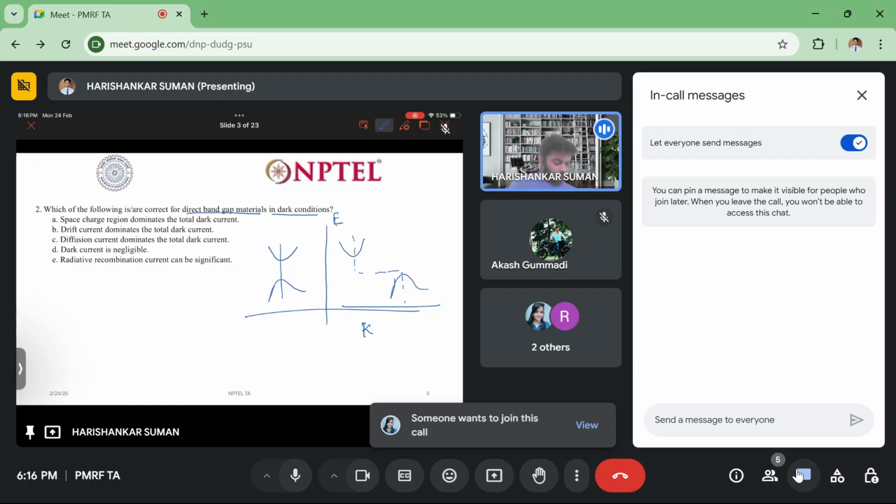So if delta k is 0, then it belongs to direct band gap.